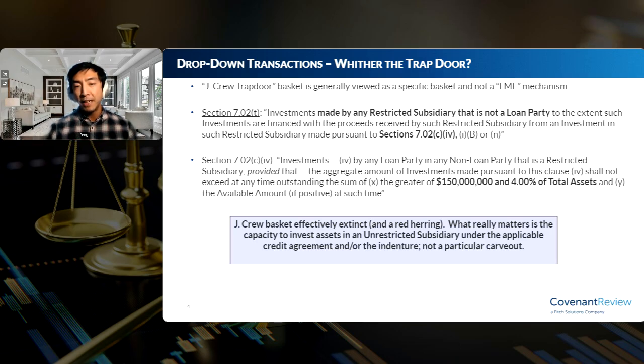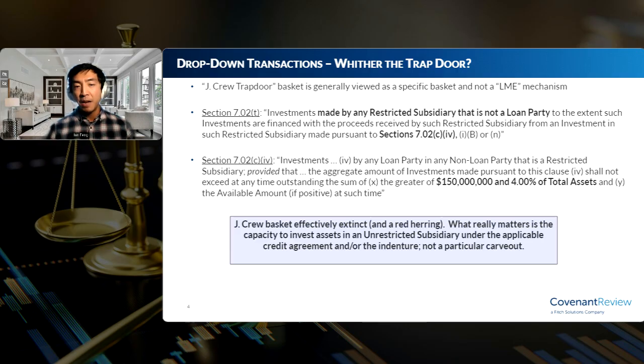The problem is that it included this intercompany investments carve-out, and I can guarantee you it was probably some junior associate at 3 a.m. trying to draft this thing, and they made a mistake. And as a result, this language is in the doc, and it works from a purely textual standpoint, but it doesn't make any logical sense.